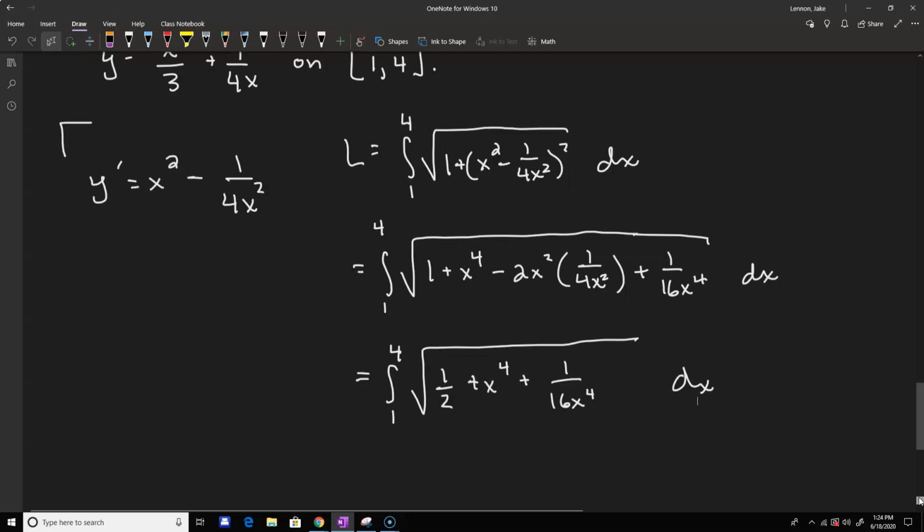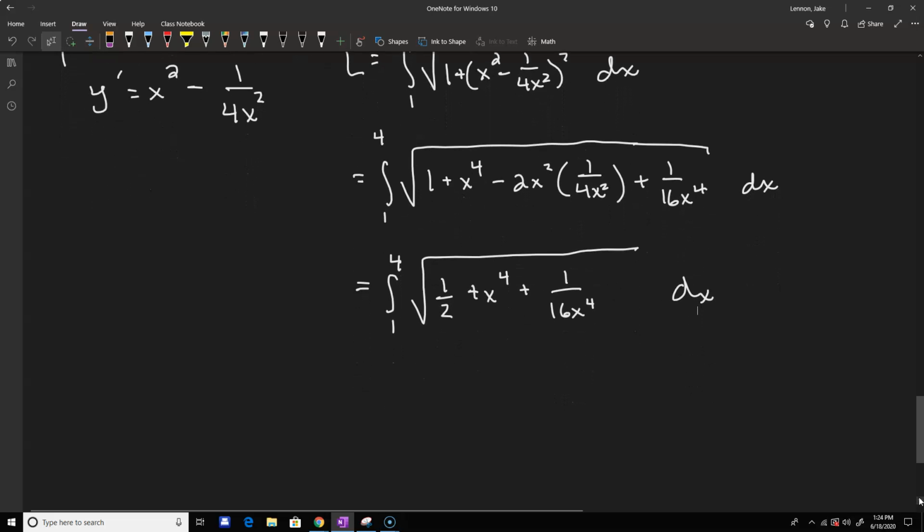In this one, it almost looks like magically what we have on the inside of that square root is going to factor into a perfect square. I just noticed that if you look at the 1/16 x to the 4th, that's 1 over 4x squared, quantity squared. And the x squared term will also be there, so that's x squared squared. And if you do 2 times x squared times 1 over 4x squared, you get exactly 1/2.